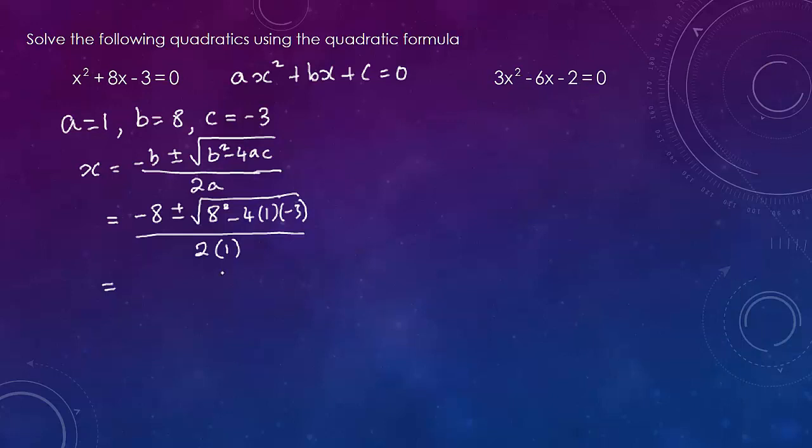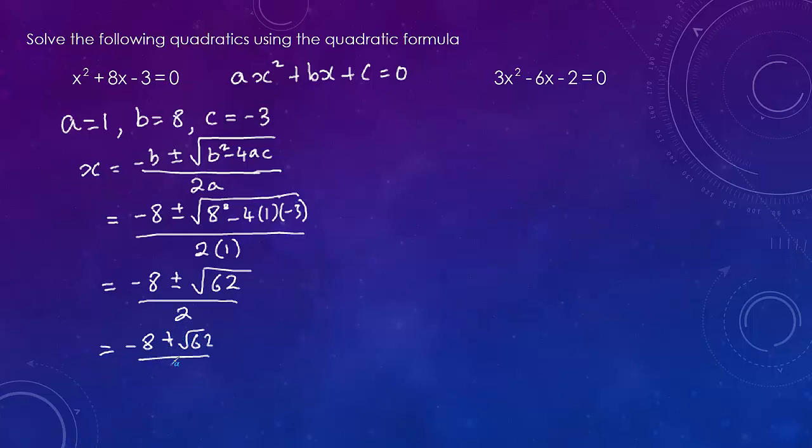So I've got negative 8 plus or minus the square root of 76 all over 2. Now let's just go for calculated answers this time. So that's negative 8 plus root 76 over 2, and negative 8 take away root 76 over 2.